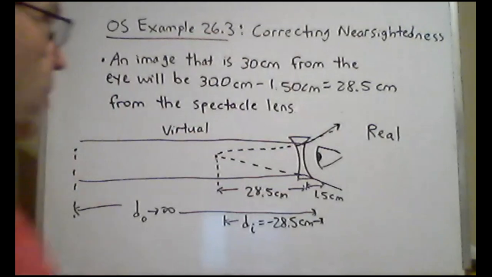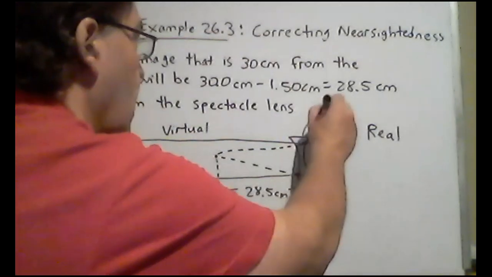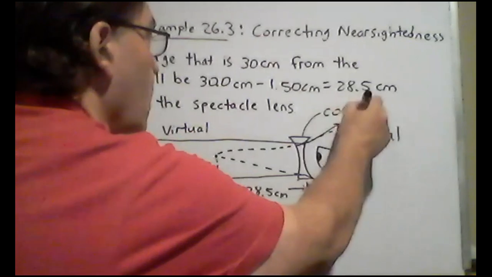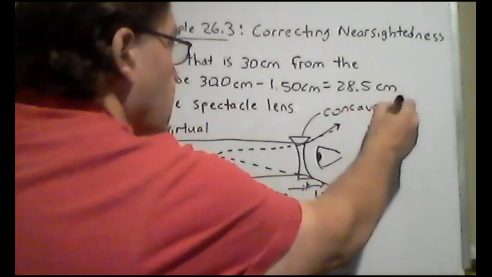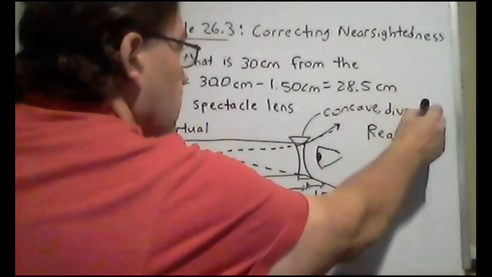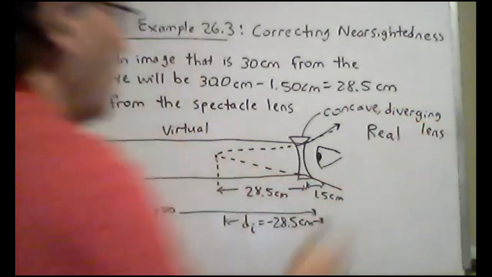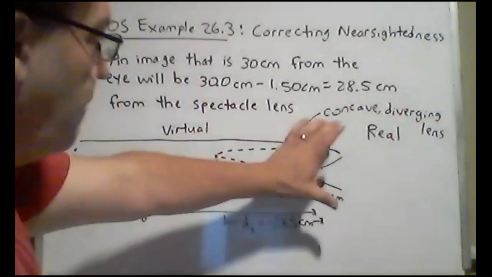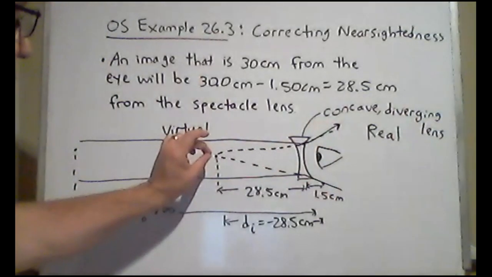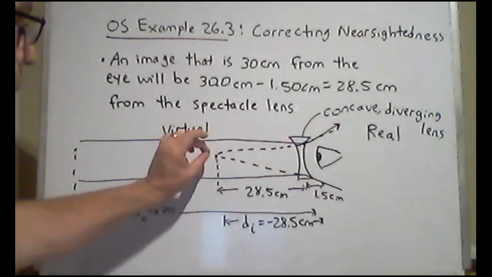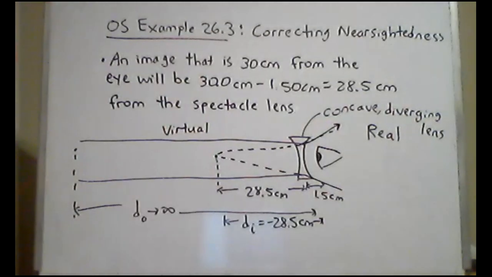divergent lens. Again, remember this lens is a diverging, concave, diverging lens. Parallel rays of light will diverge away, and if you extract those rays back, they will form an image, and you want that image to occur at that far point.